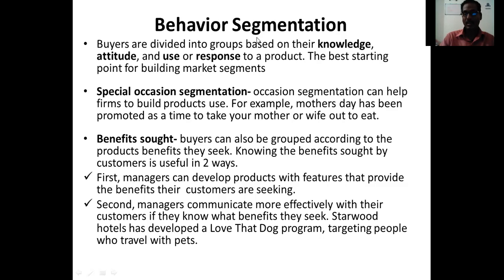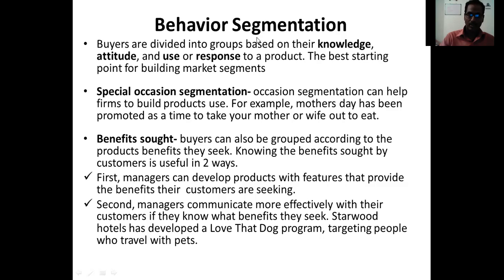Here, marketers can create a demand for eating outside the home, in restaurants, hotels, resorts, etc. Marketers give emphasis to special occasions like Father's Day, Mother's Day, Valentine's Day, and New Year's Day. These help marketers come up with new products and promote them during the special occasion, and this helps them segment a market on the basis of special occasions.